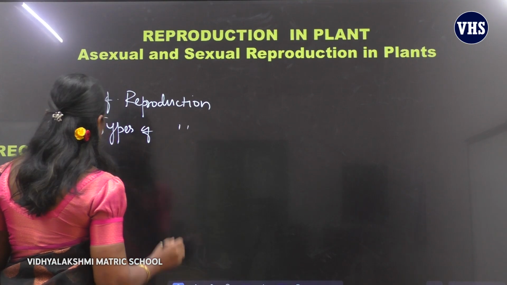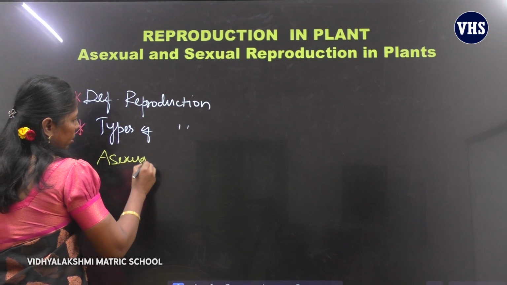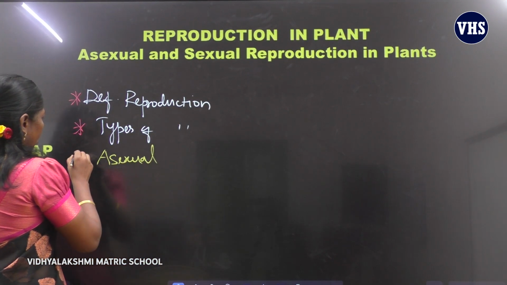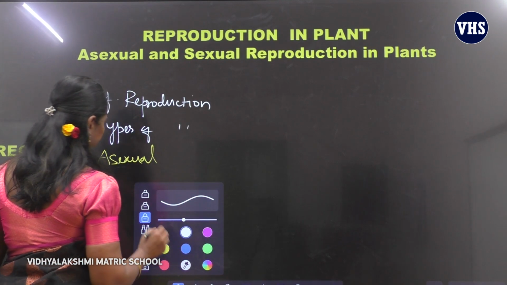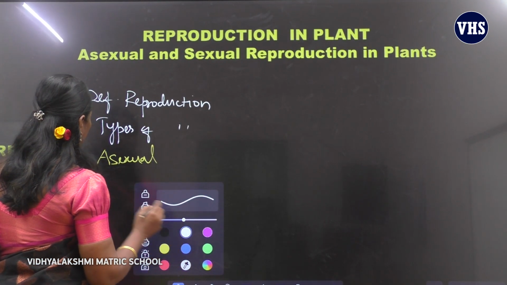And what are the types we studied? One is asexual. Asexual மட்டும் தான் நம்ம இன்னைக்கு go through பண்ணியிருக்கிறோம். And next we studied vegetative reproduction.